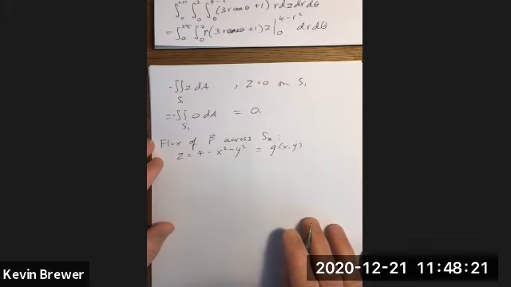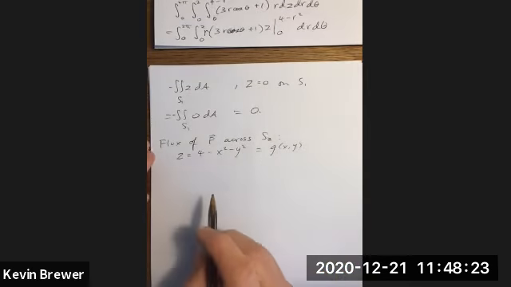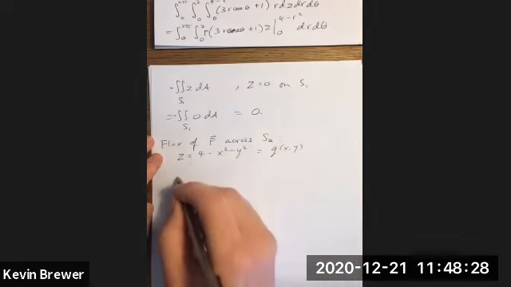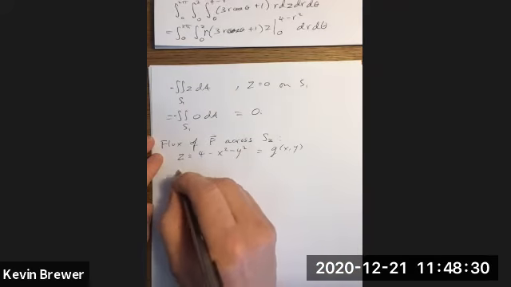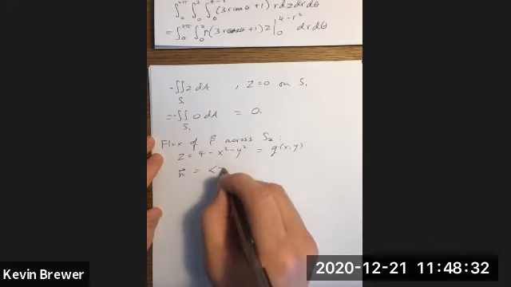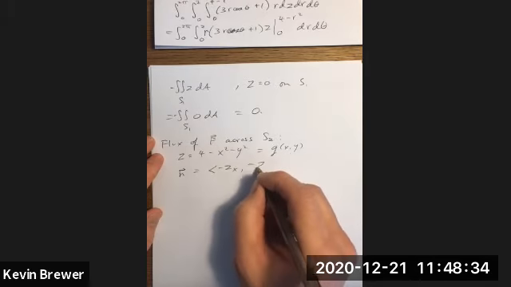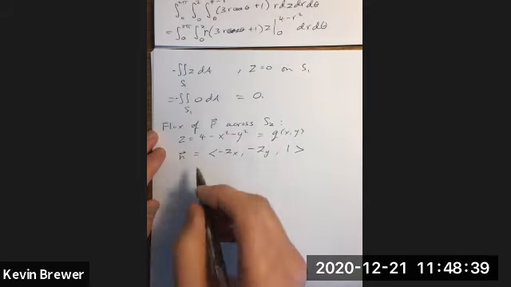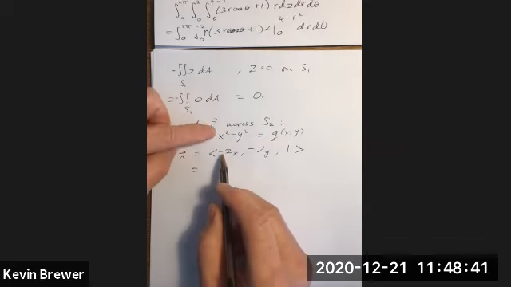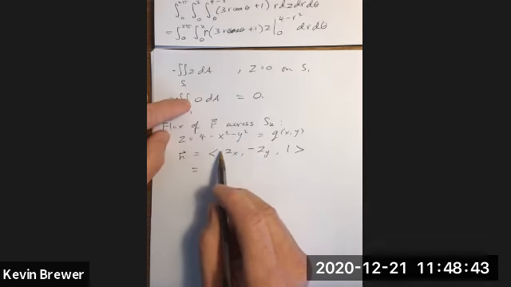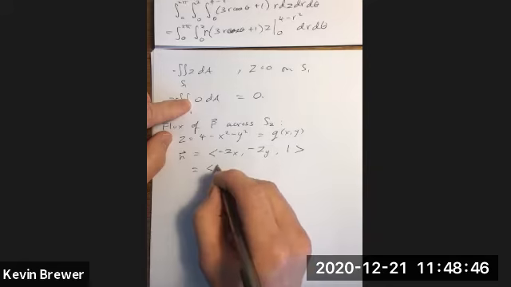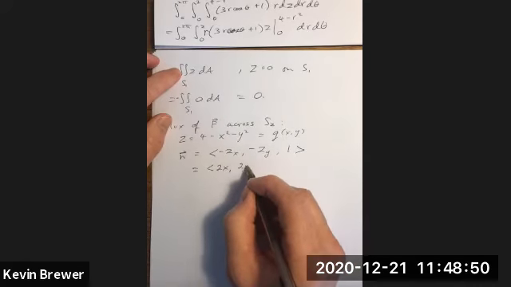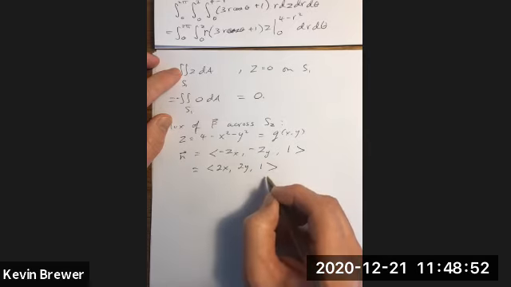So that's this, and since we're doing outward or upward flux, or what amounts to upward flux in this case, our normal vector, remember, is minus z sub x, minus z sub y, 1. Partial with respect to x is minus 2x, but then negative of that is positive 2x. Similarly here, positive 2y, and then 1.